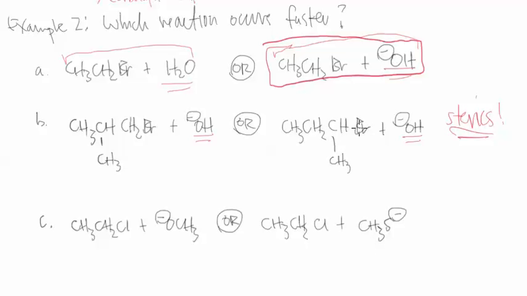Well, this bromo group, if I look at this carbon that's attached to the bromo group, is a secondary carbon. Over here with this alkyl group, the bromo that's attached to the carbon, that carbon is attached to only one other. So that's a primary carbon.